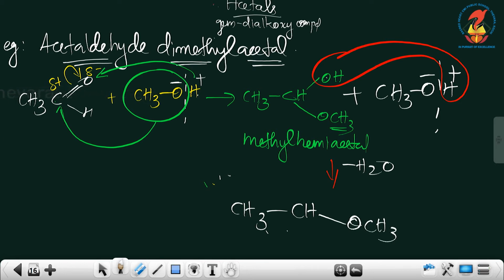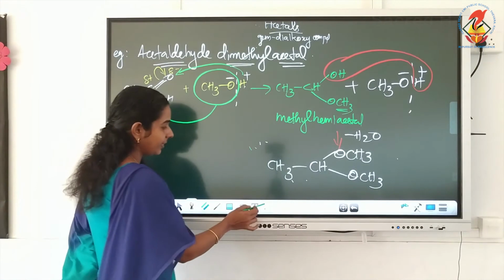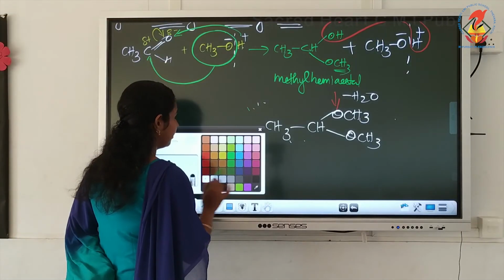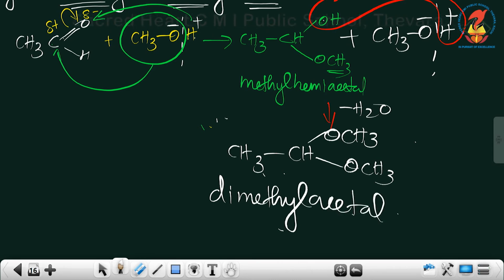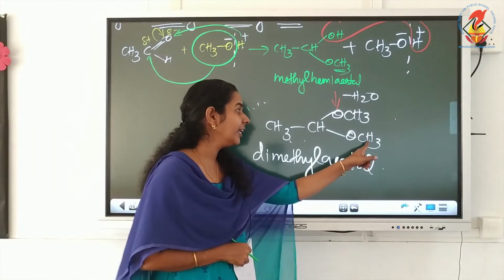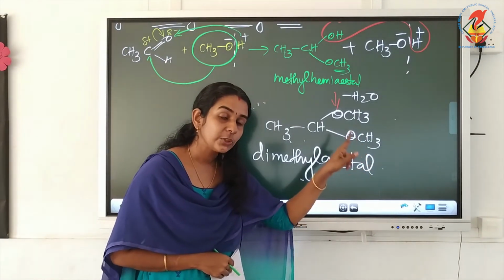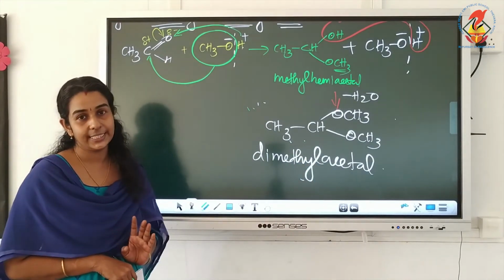After eliminating OH and H, what we have here is OCH3. So this is the structure of dimethyl acetal of acetaldehyde. Dimethyl acetal, because here the OR group is OCH3. So the R group is CH3. So the name is dimethyl acetal.